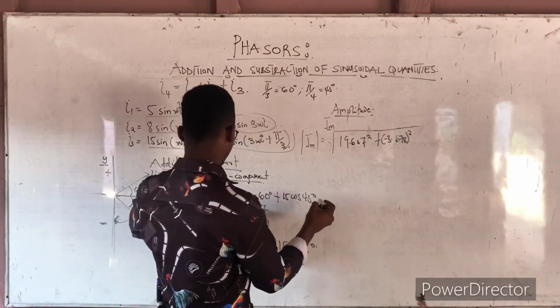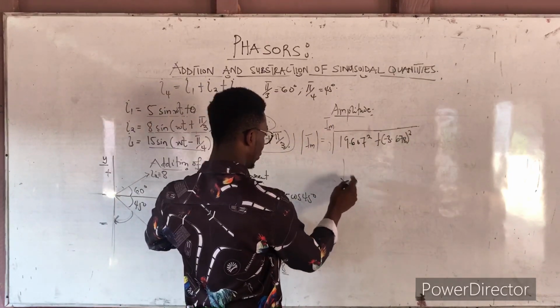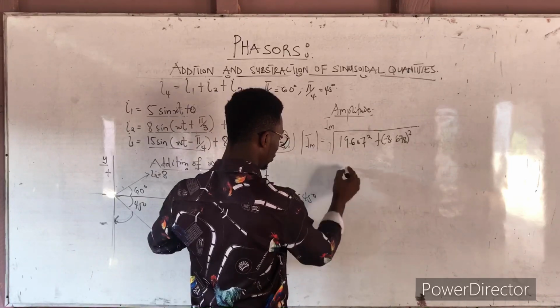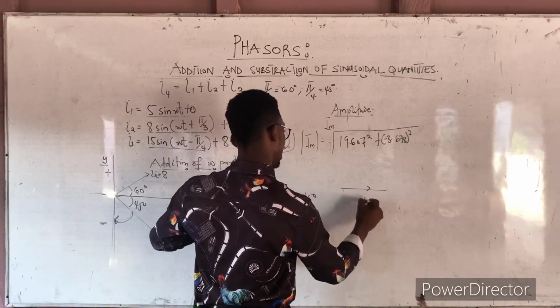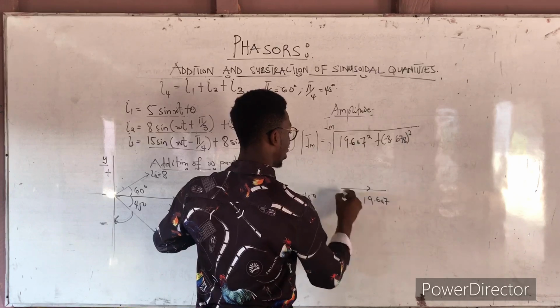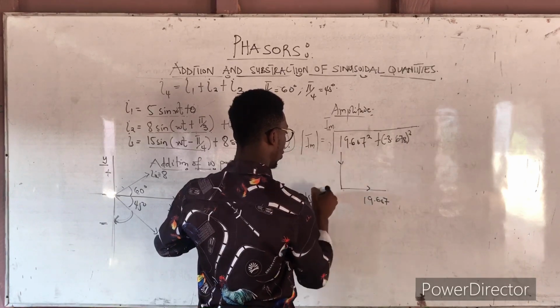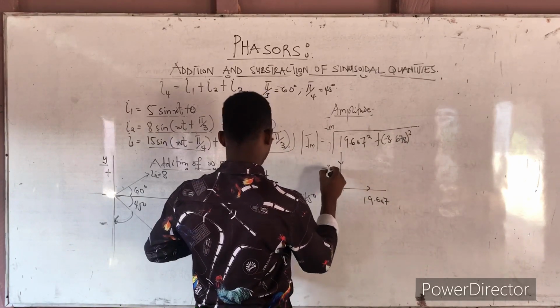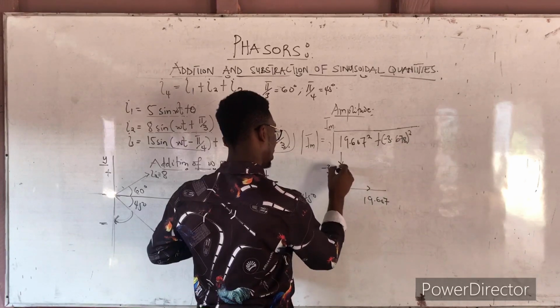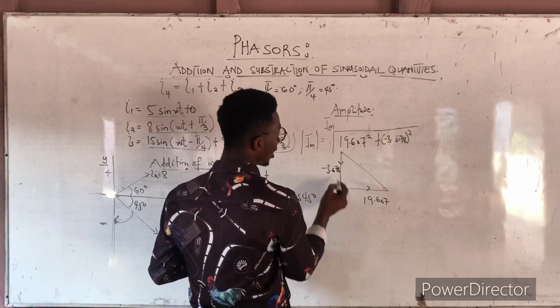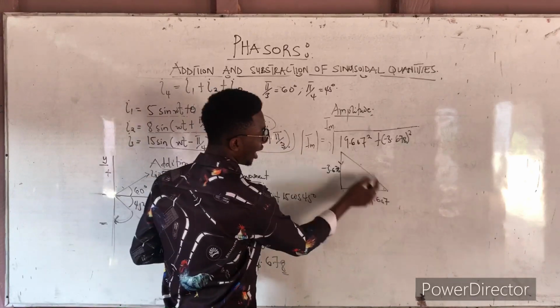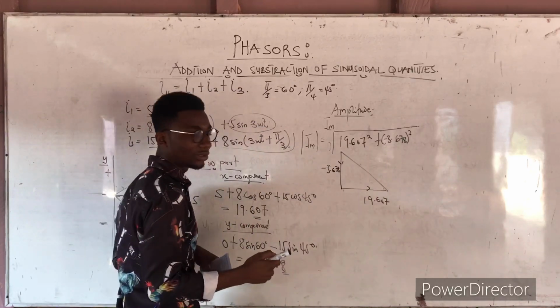We got that because the x component here was 19.607 and the y component was negative 3.678. So if you find the resultant, that will give you what? The resultant line will give you this, the peak voltage.